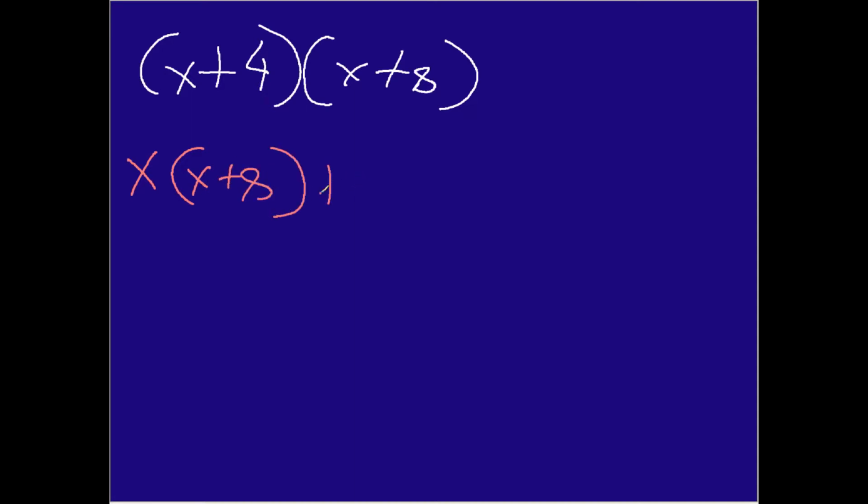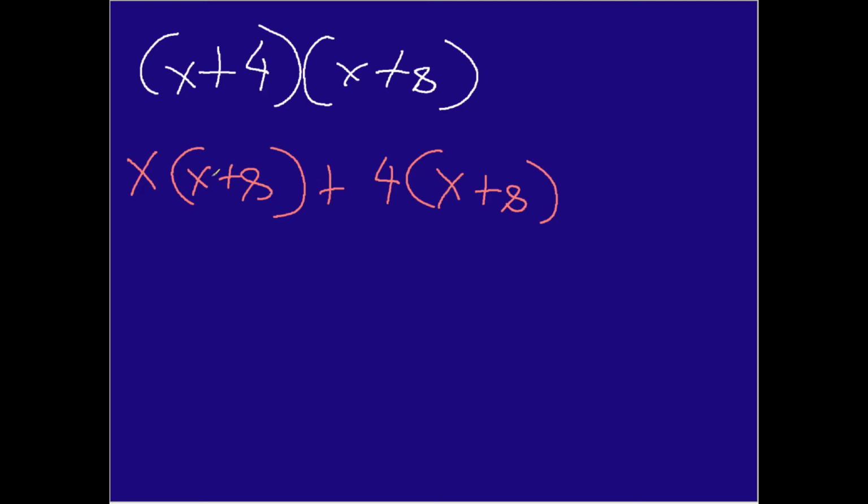Then I'm going to do plus, and I'm going to put the 4 out here, and I'm going to have x plus 8. This is the same information captured above, but we have distributed the first binomial: x times x plus 8 plus 4 times x plus 8, like so.